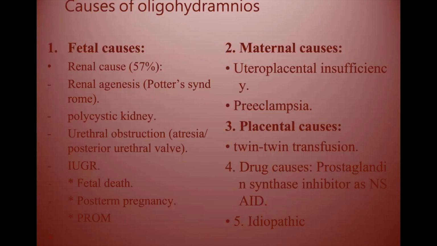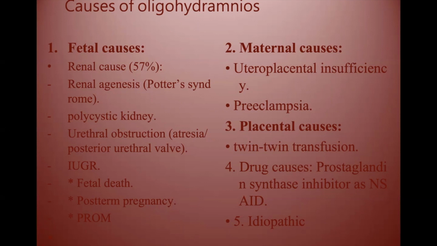Causes of oligohydramnios may be fetal and maternal. Fetal causes: renal cause, 57%. Renal agenesis, which is Potter syndrome. Polycystic kidney of the fetus, urethral obstructions. And maternal causes may be uteroplacental insufficiency, preeclampsia, and there may also be placental causes.